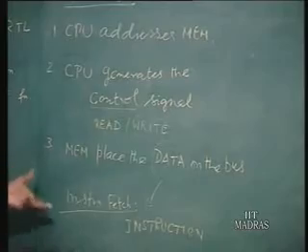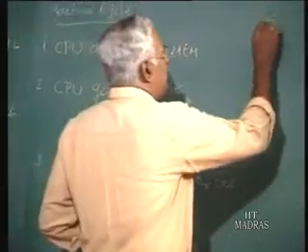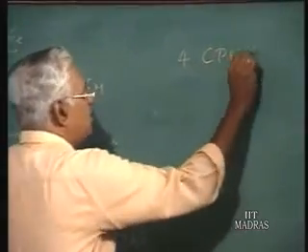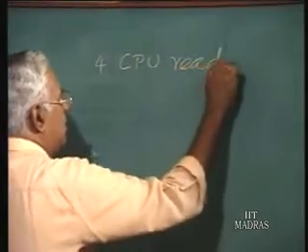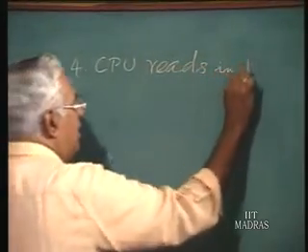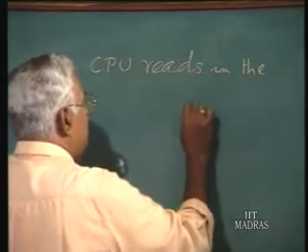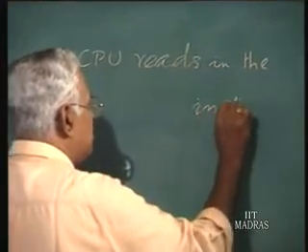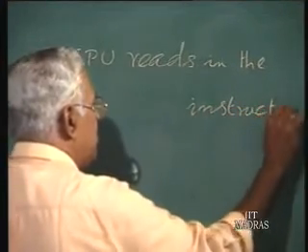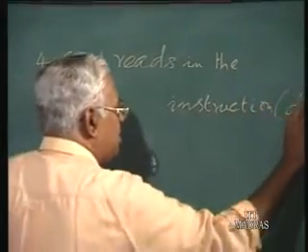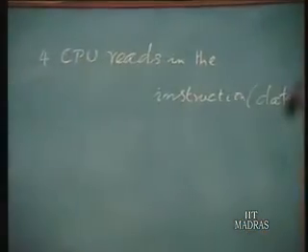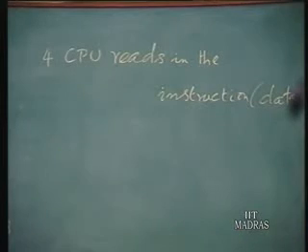Good. So now the CPU addresses the memory, the CPU generates the read signal, and memory places the data on the bus, I said. Now obviously the next step will be that the CPU reads in the instruction, in this case, because I said instruction fetch, but in general this is nothing but data which the memory has responded with.